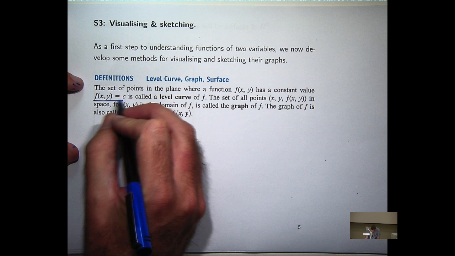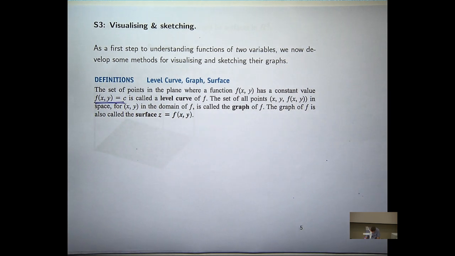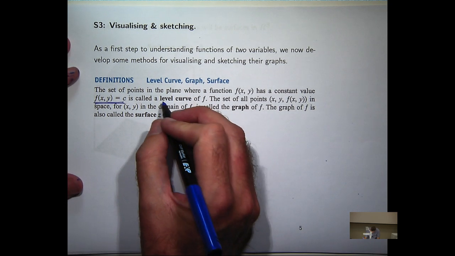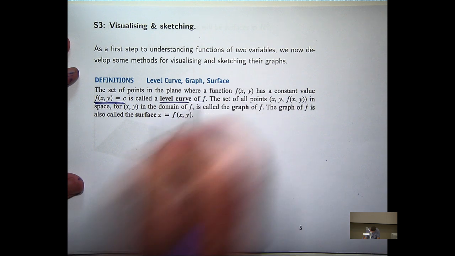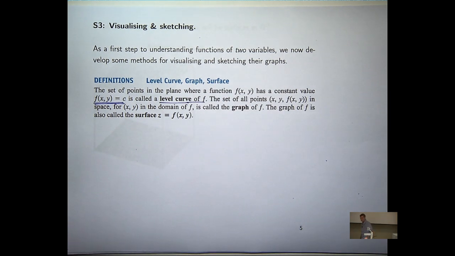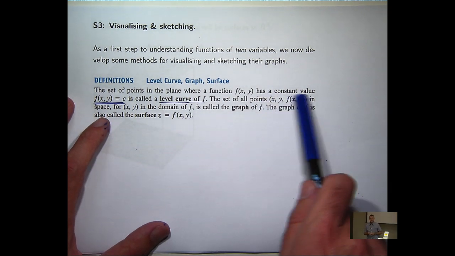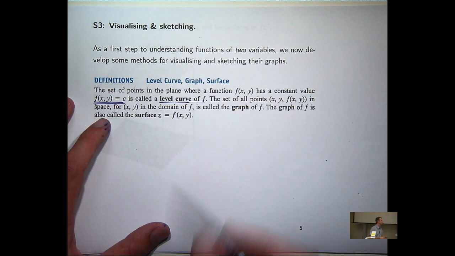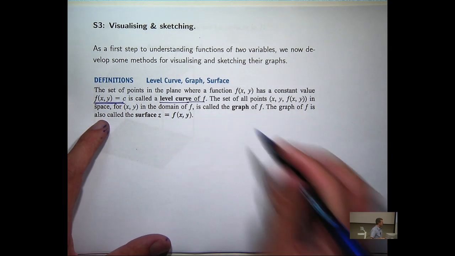So the set of points where our function of two variables has a constant value is called a level curve of f. We can speak of this triple being a set of points in space being the graph of f.